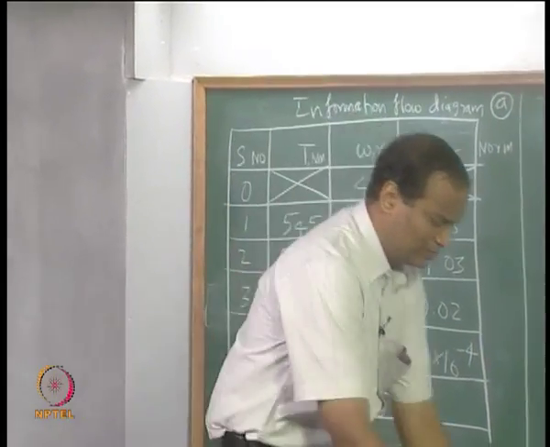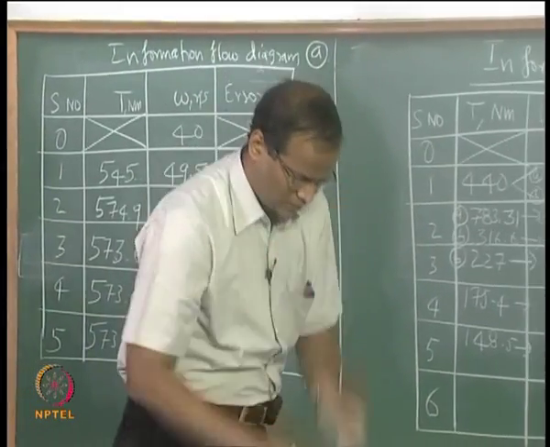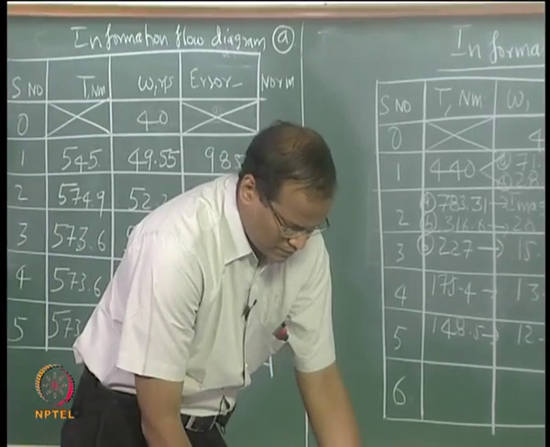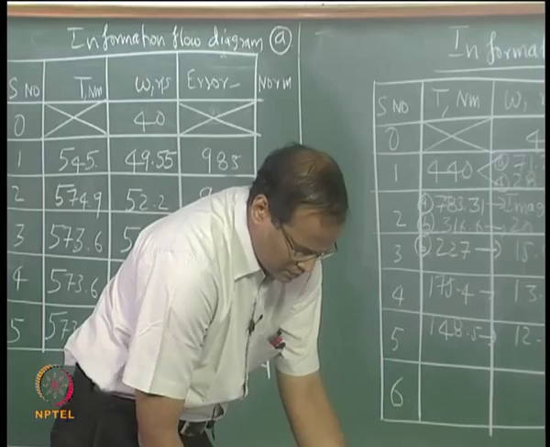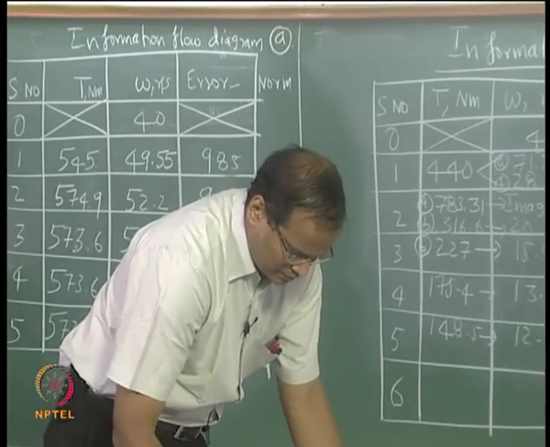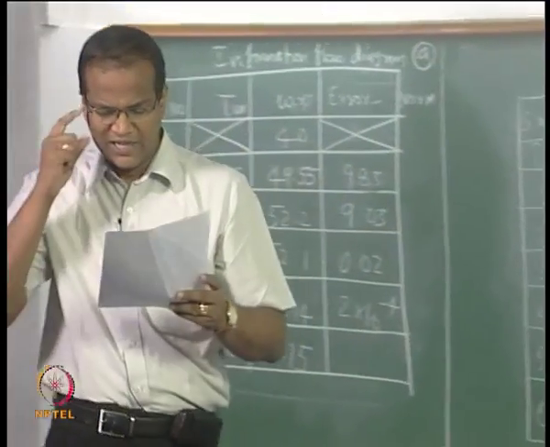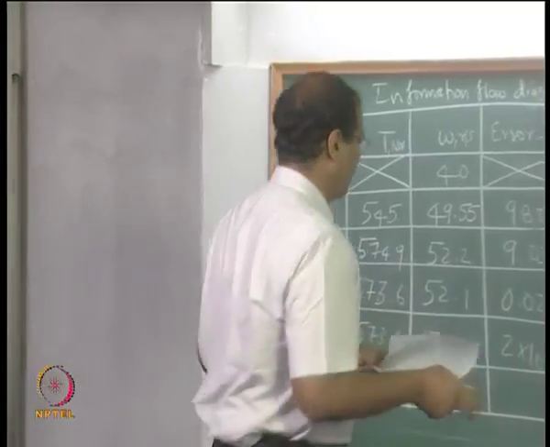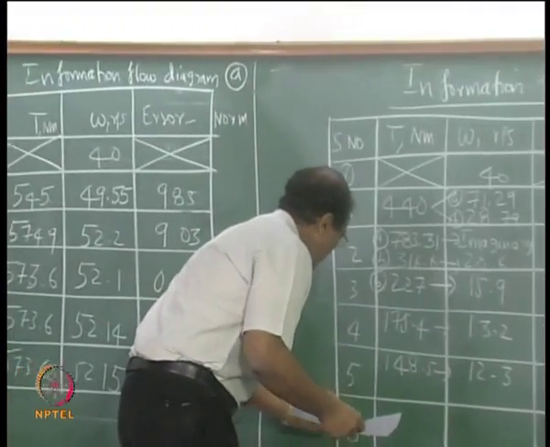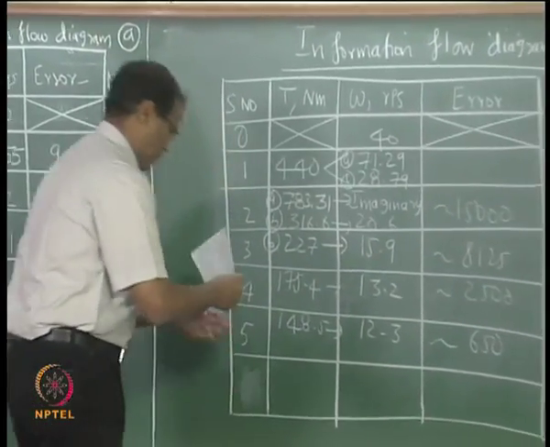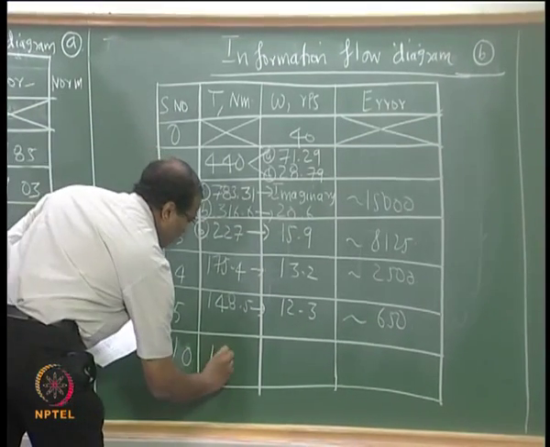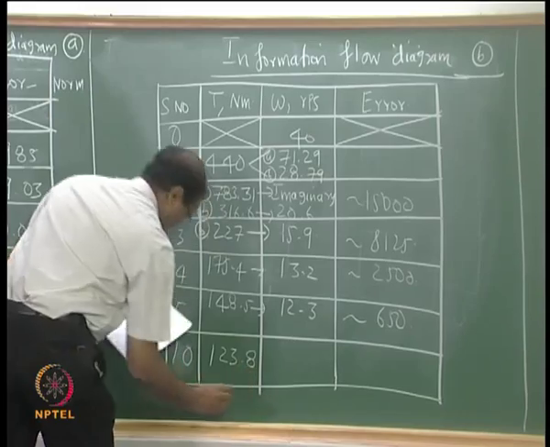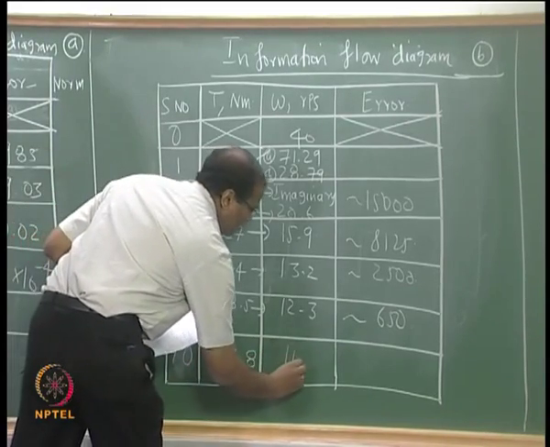So I have worked it out. By the 10th iteration or so, I am getting 123.8, 11.22.